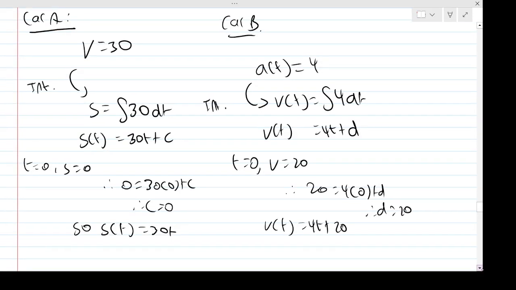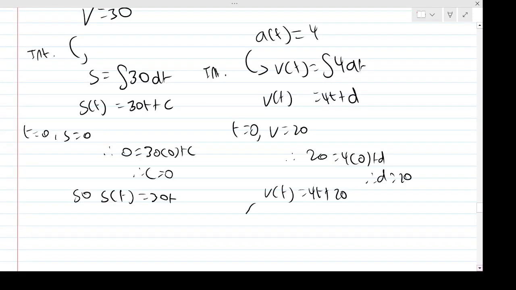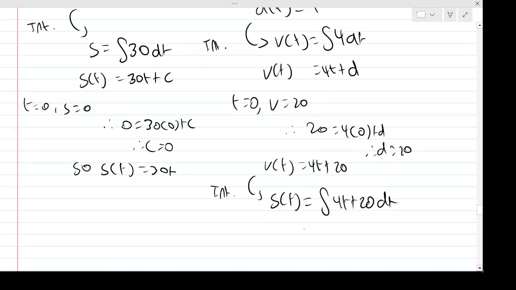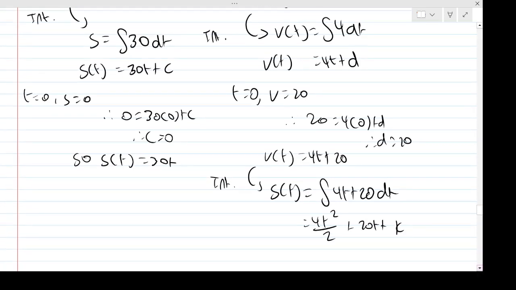So then to get the displacement for B, I can now integrate, so s of t is now the integral of 4t plus 20 dt, and so that'll be 4t squared over 2 plus 20t add k, some other constant k, right? So now we need to find k, but again, the same story.